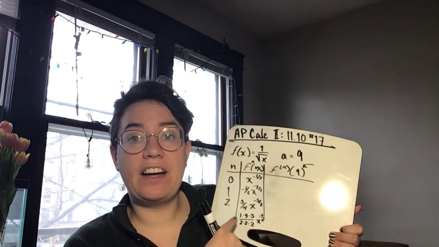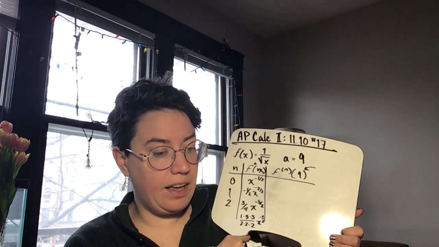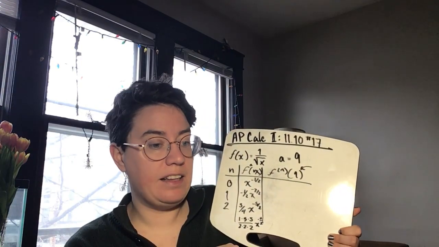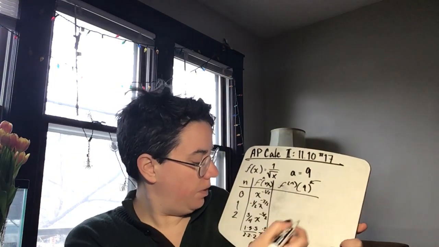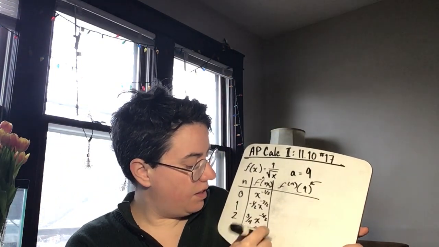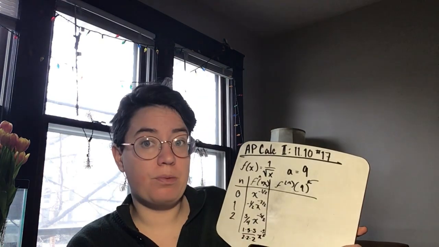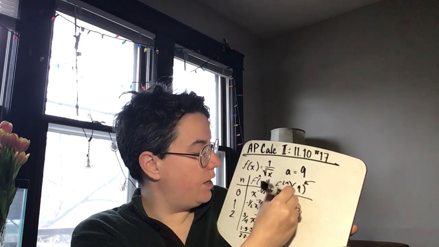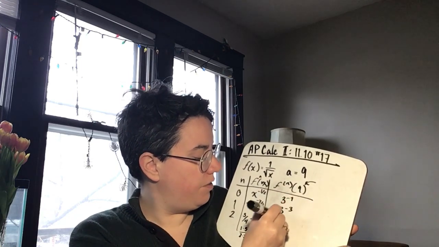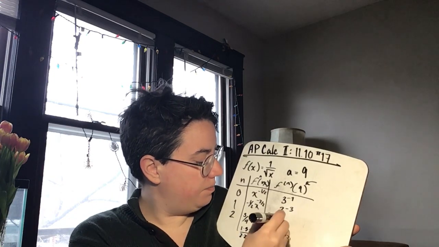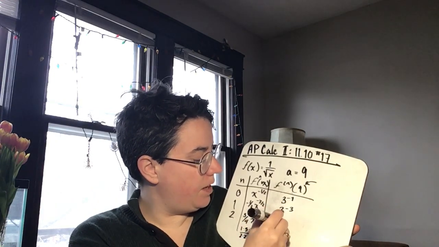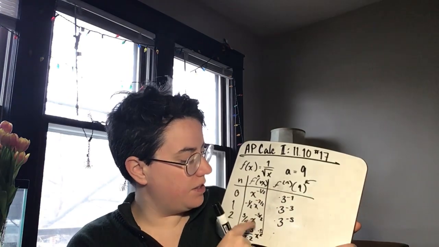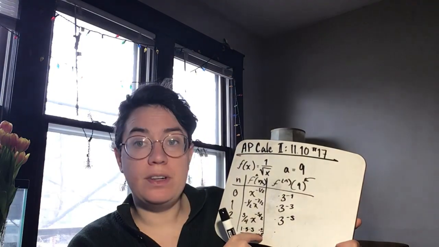So I'm seeing an odd factorial in the numerator, and then even powers of 2 in the denominator, right? And when I plug in 9, I'm going to end up with powers of 3. So when I plug in 9, this is 3 to the negative 1, 3 to the negative 3, 3 to the negative 5, and then times those coefficients, because the over 2 is the root.